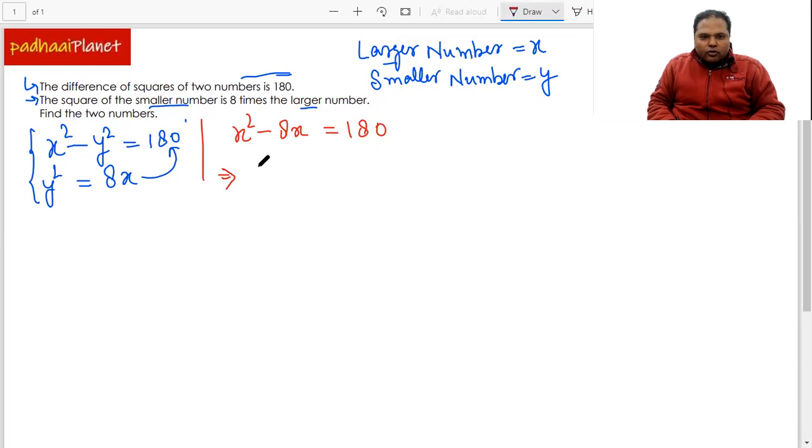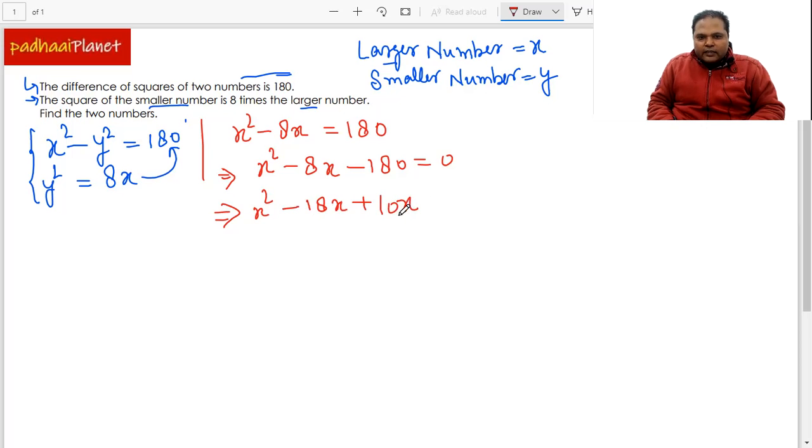So let's start solving this. It's x square minus 8x minus 180 equal to 0, right? Now we will use the split methodology to do the factorization, and that is very simple in this case because this is minus 8x. So we can quickly write it like minus 18x plus 10x, right?